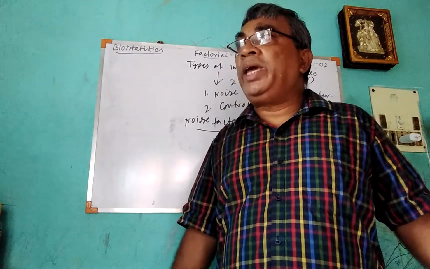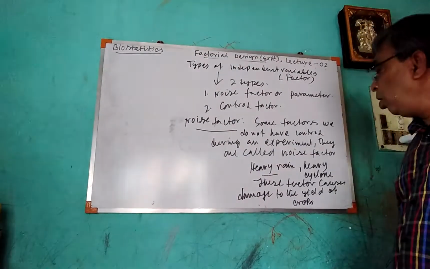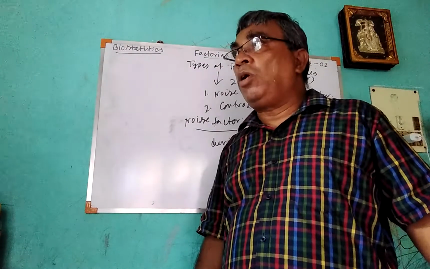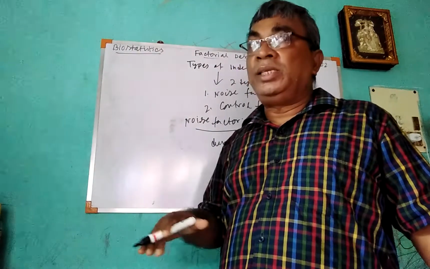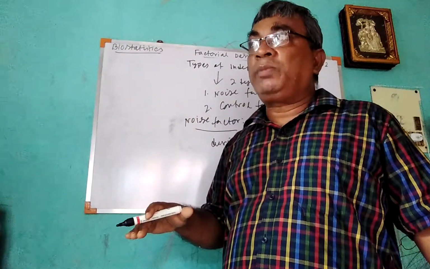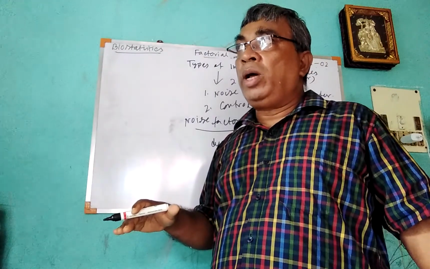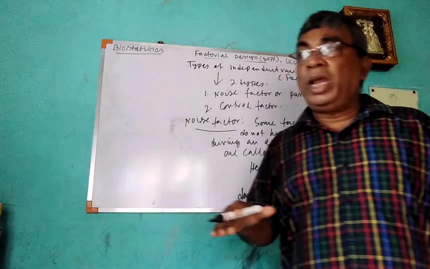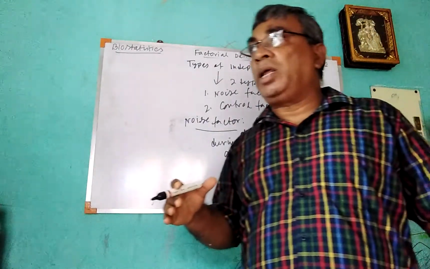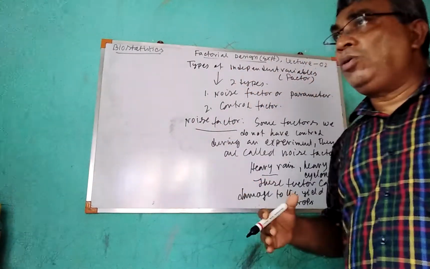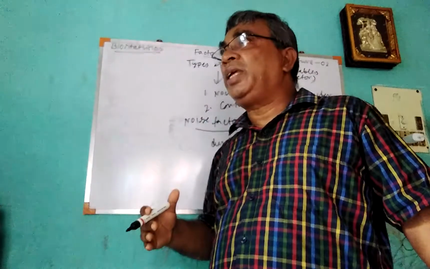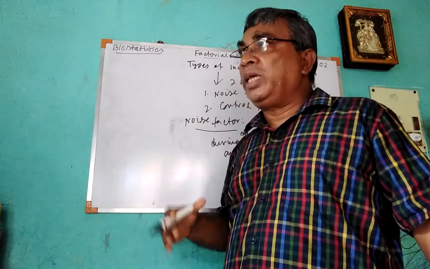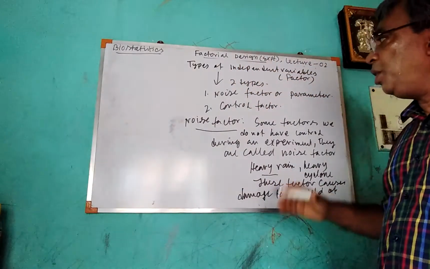So due to heavy rainfall or heavy cyclone, the yield of crops decreases. Now suppose after heavy rain or heavy cyclone, you are getting 10 kg of yield. So that is huge damage for this experiment. This is one type of noise factor.